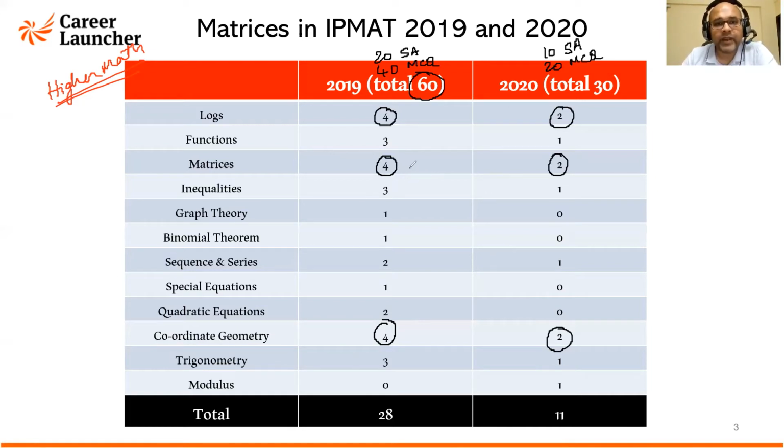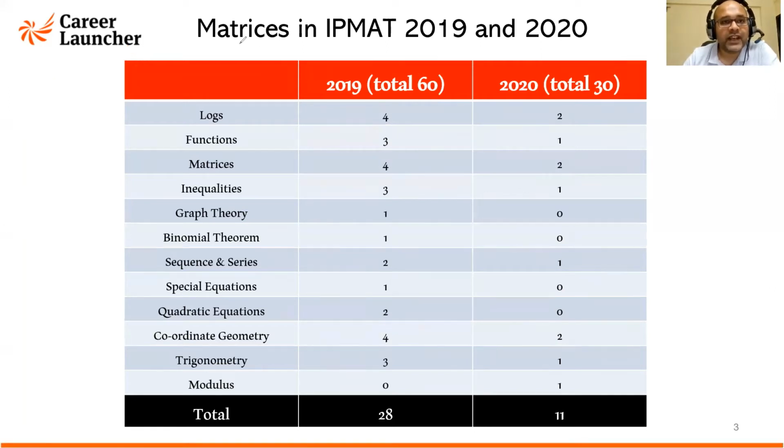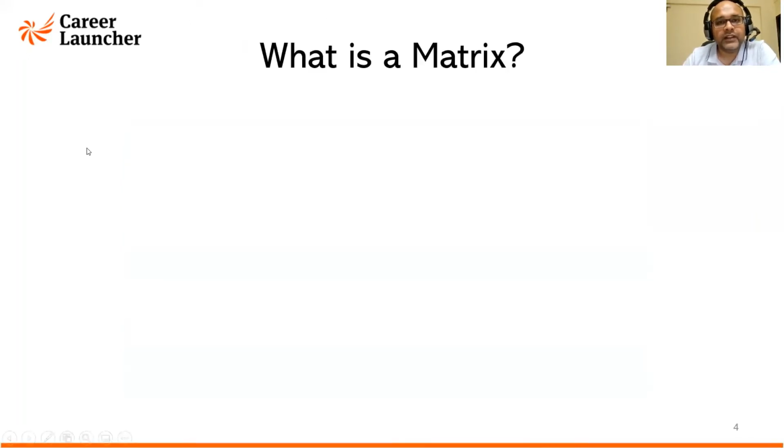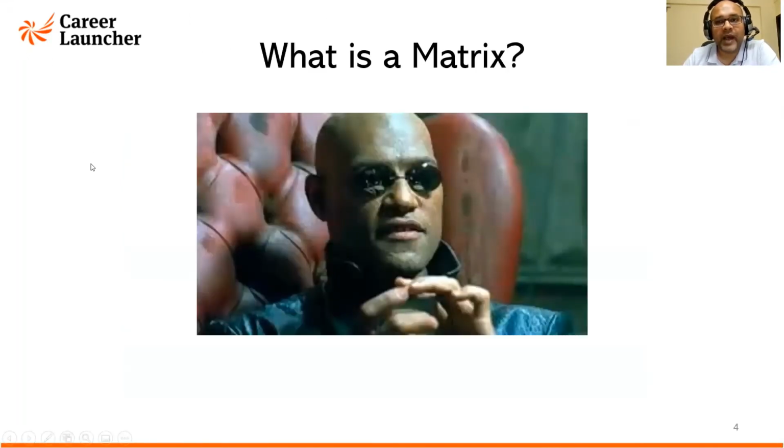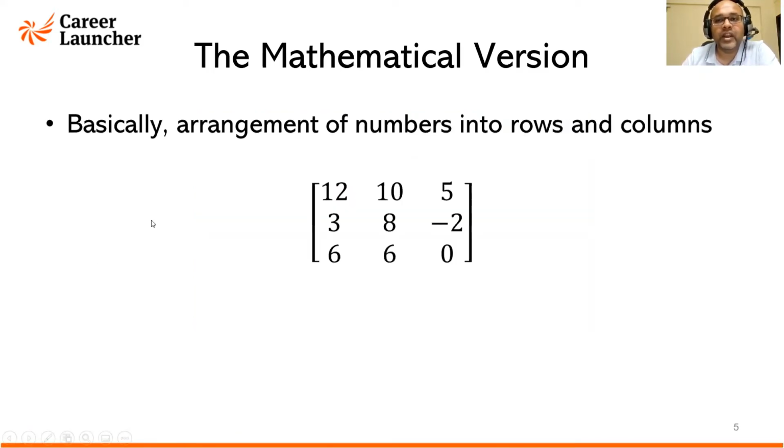We will start with matrices because it's one of the important topics, as I already mentioned. So let's understand what is the meaning of a matrix. Certainly I'm not referring to the movie, not Morpheus or Neo. The matrix that I'm talking about is basically an arrangement of numbers in rows and columns.